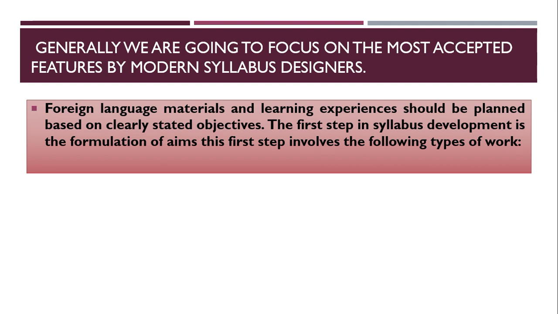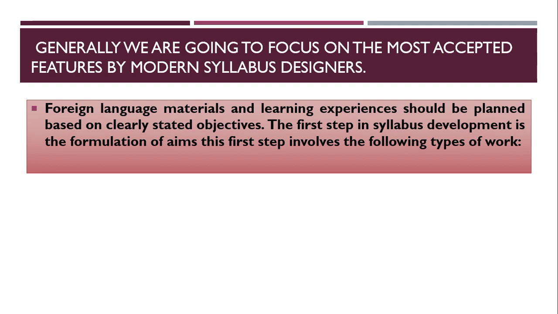For example, I would want them to know how to greet someone, how to order food, how to buy something, and for example, let's say how to meet new friends or how to make connections. These are my objectives. Then I will have to decide the material.